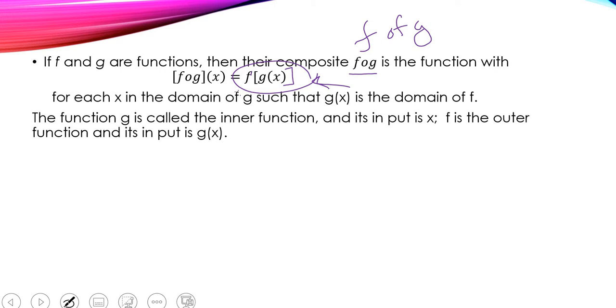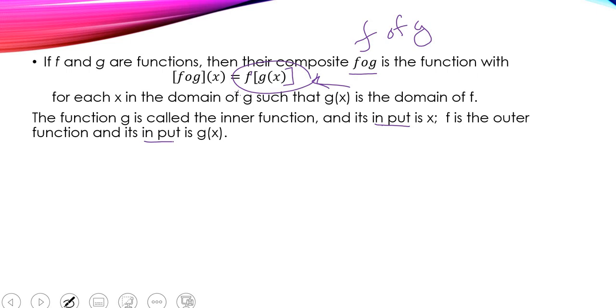So x gets put into the g function, and then g of x becomes the input for the f function. g is called the inner function, and its input is x. f is the outer function, and its input is g of x.